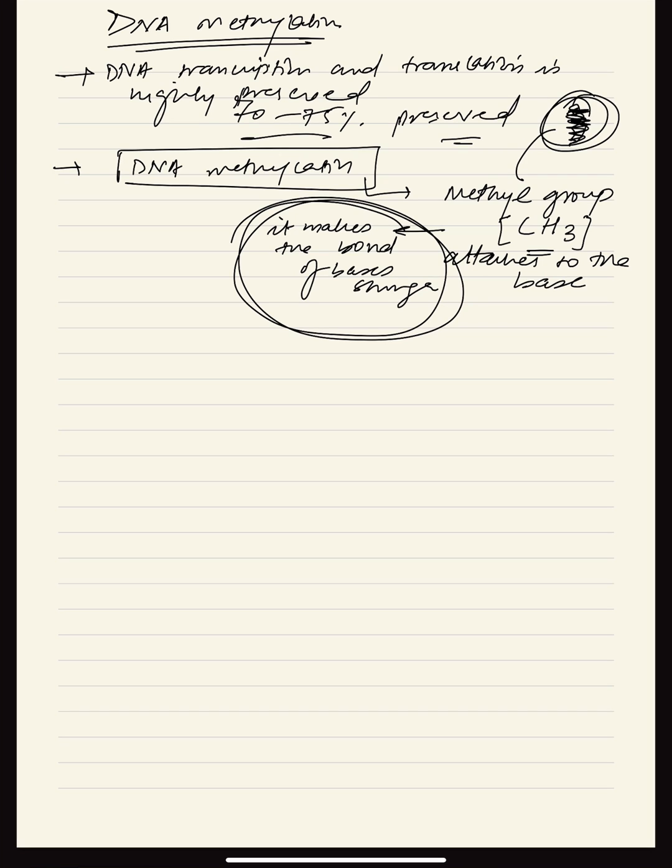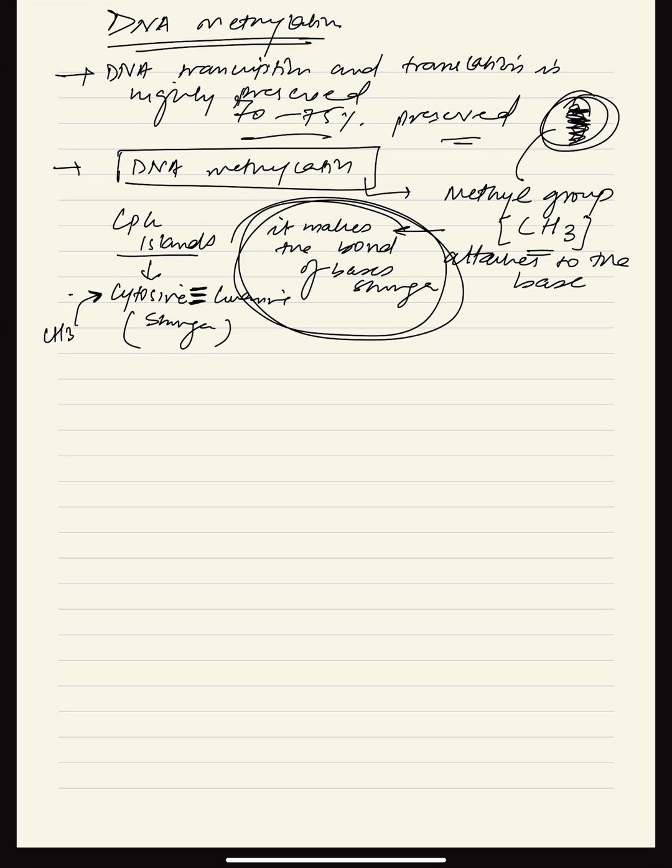Now, what it attaches to in DNA methylation specifically is CpG islands. CpG islands is cytosine to guanine. And as we have discussed, there are three bonds between cytosine and guanine. It's a stronger bond. Now what happens is that the methyl group CH3 is going to attach to cytosine, the pyrimidine with a single ring, okay?